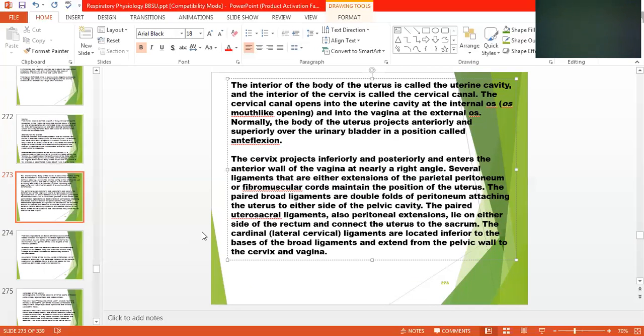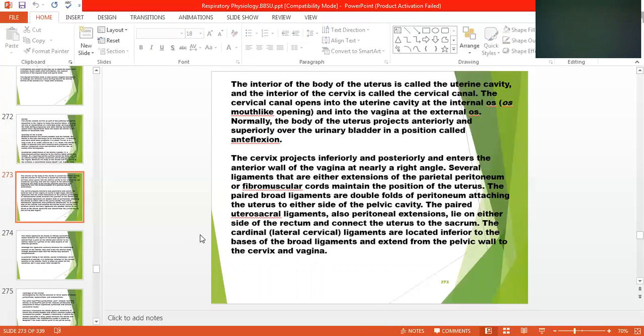The cardinal, or lateral cervical, ligaments are located inferior to the base of the broad ligament and extend from the pelvic wall to the cervix and vagina. In that way, it is held and controlled, and it won't come out.